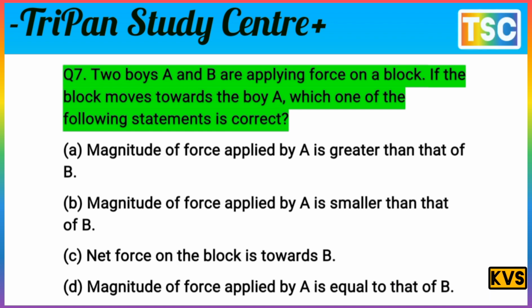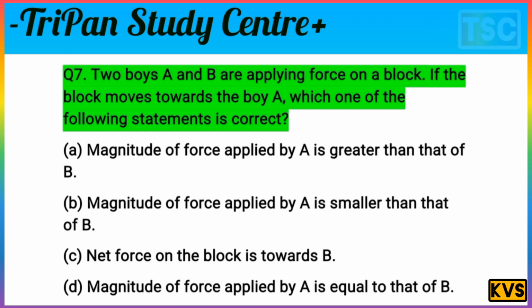Let's see what is the answer for this question here. The question is clear here. Two boys A and B are applying force on the block. If the block moves toward the boy A, which one of the following statements is correct?